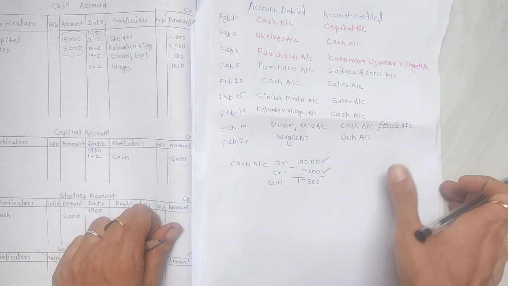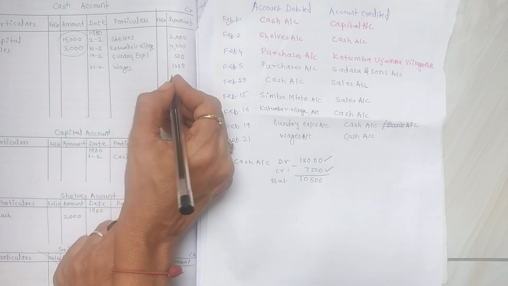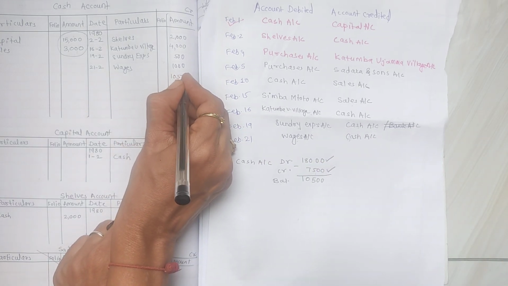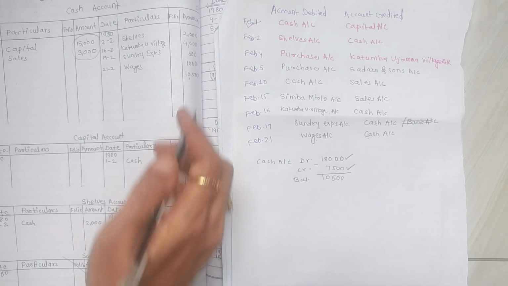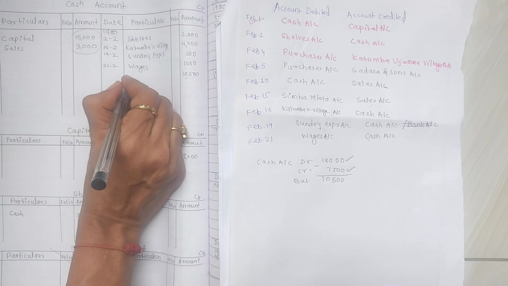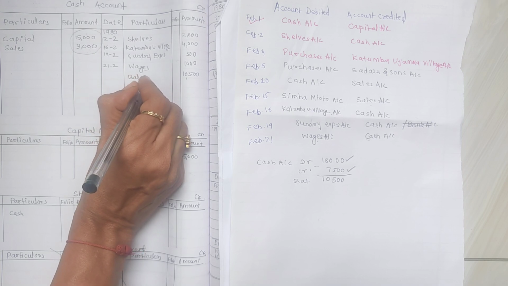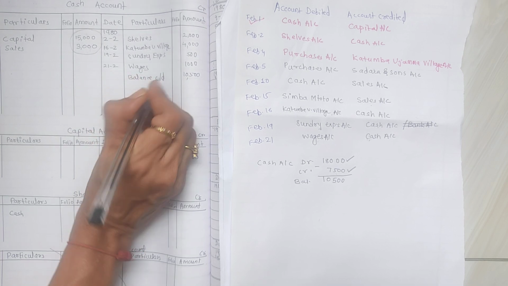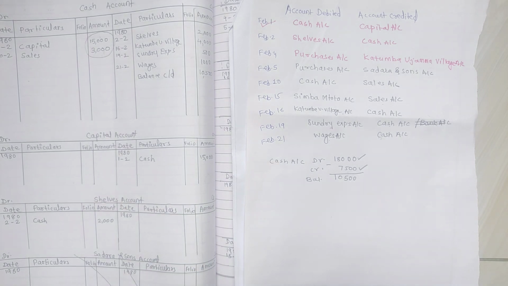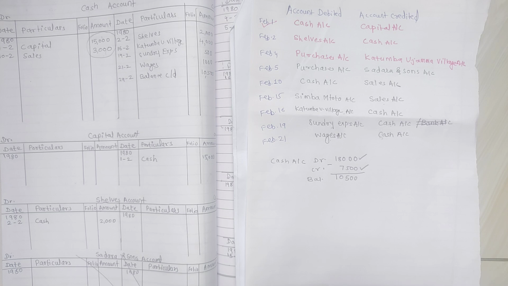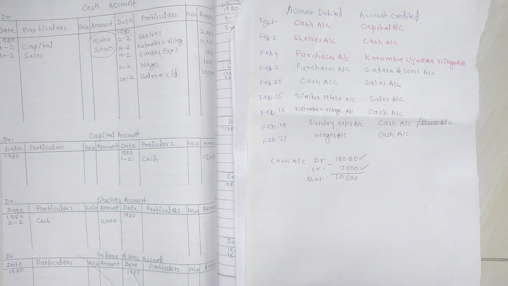Write this balance on the lower side, which here is the credit side. Write here 10,500 and give it the name balance carried down, balance C/D. Give the last date of the month, 29th Feb.